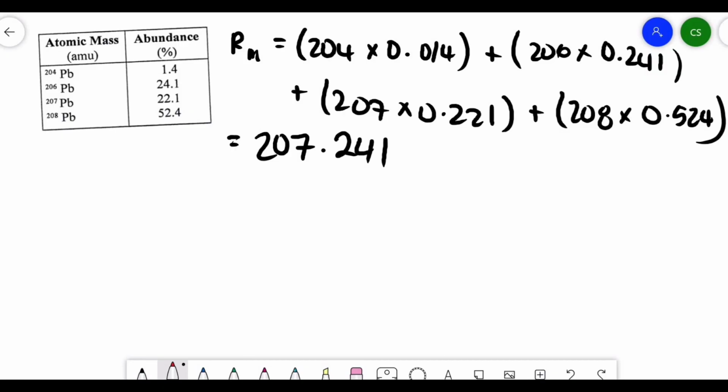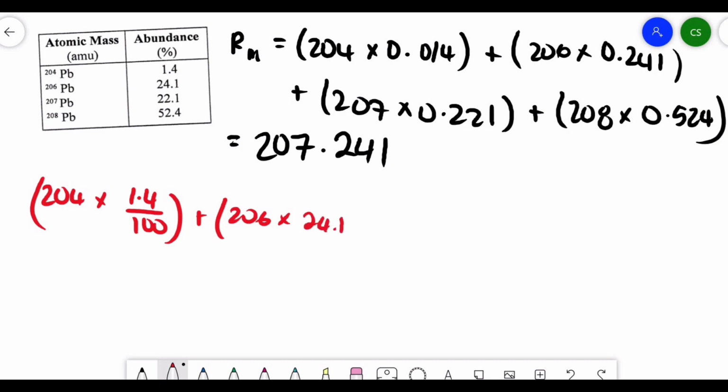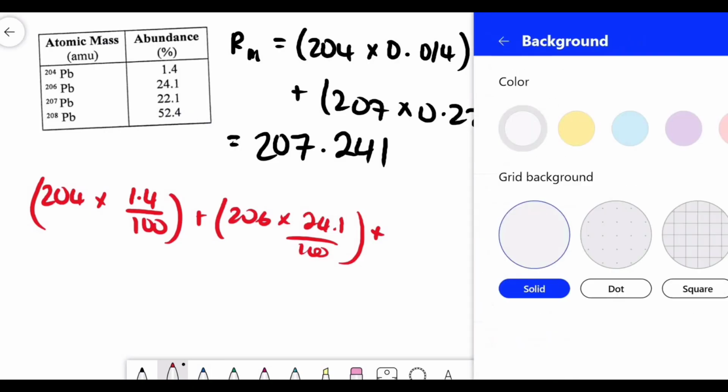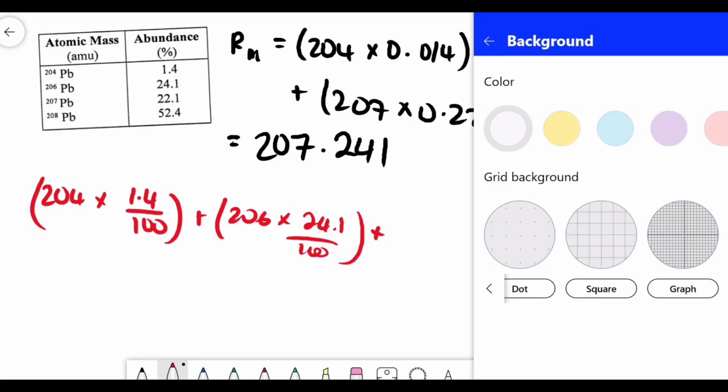Now another way you could write this is 204 multiplied by 1.4 over 100 plus 206 times 24.1 over 100. That plus, I apologize, let me do something, and hopefully I'll stop writing hill and gully.